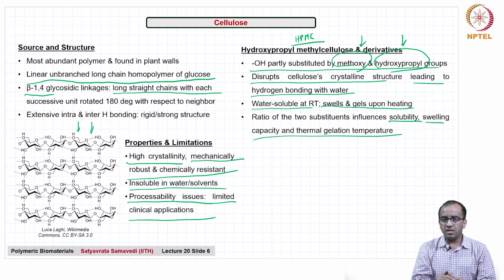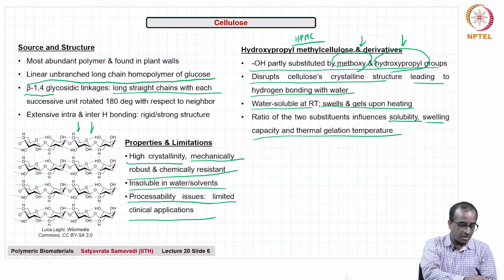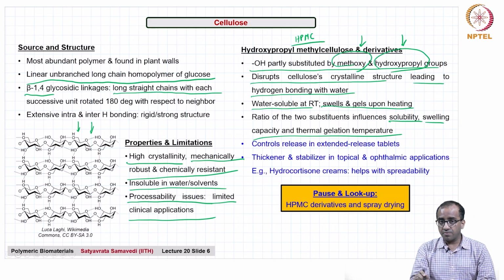Now, HPMC is a very important polymer from a pharma perspective, because it is used very often to control the release in extended release tablets. And the way it works is, when you coat broadly APIs and pharmaceutical formulations with HPMC, and when it encounters water, for example, what will happen is this polymer will immediately start taking up water and swelling.